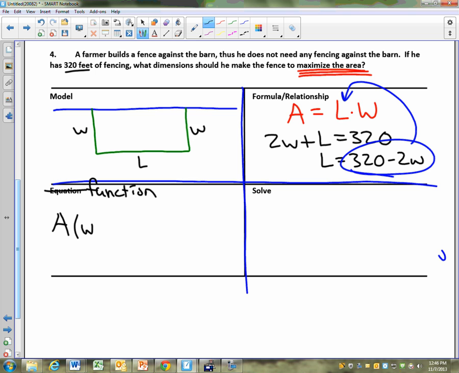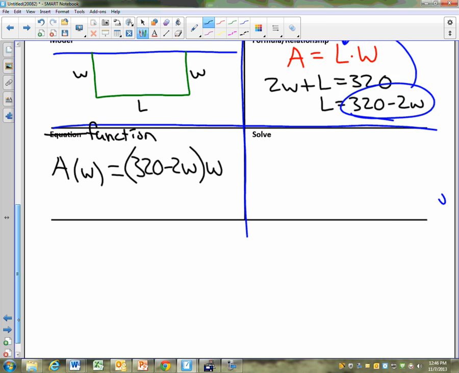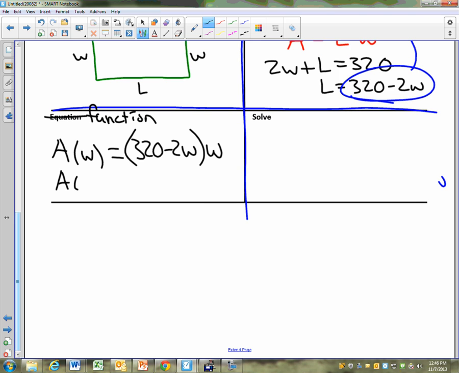W. You're right, we solved for L, but the variable that's going to be up there is W. And what is that area function going to be? Whole thing times W. Distribute the W. Krista, did you see then where we got the W? Okay, that connected from last time.